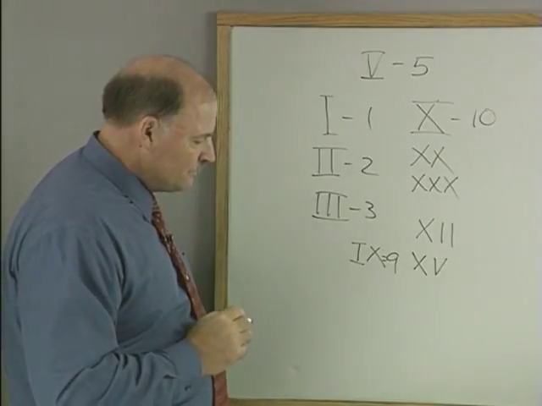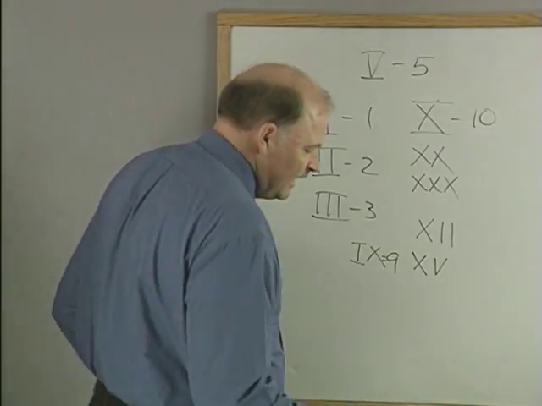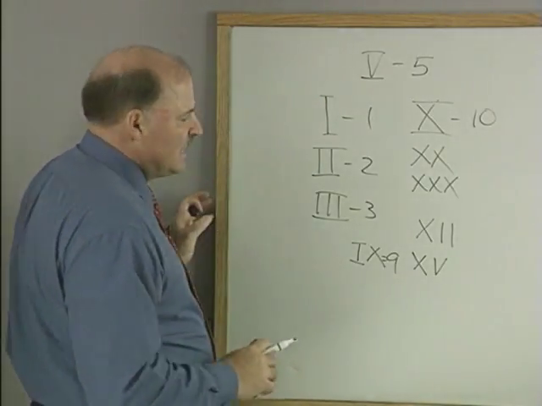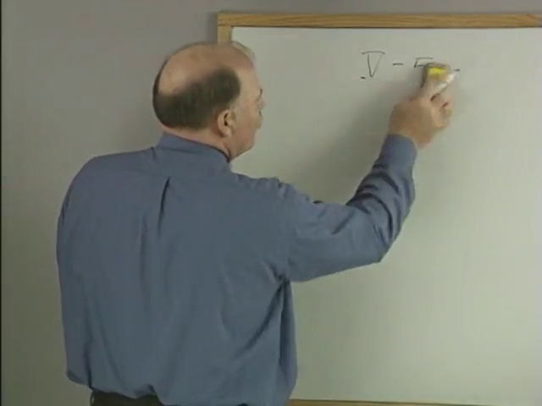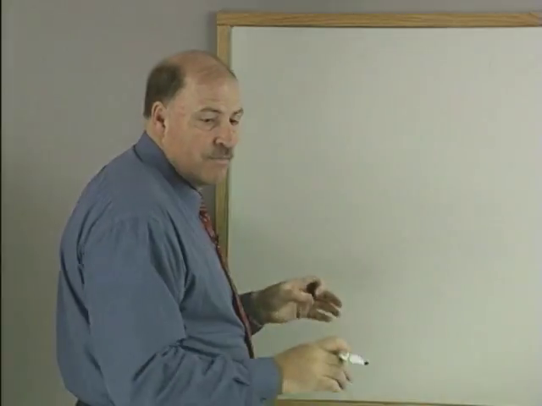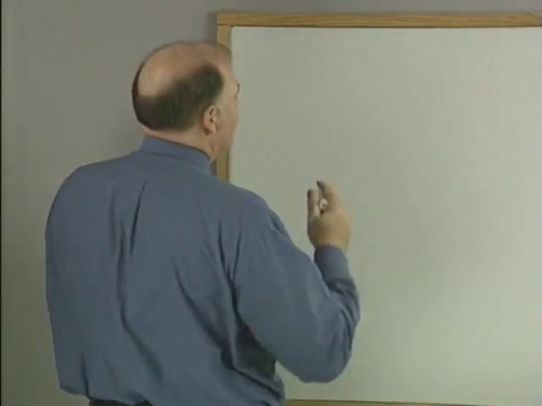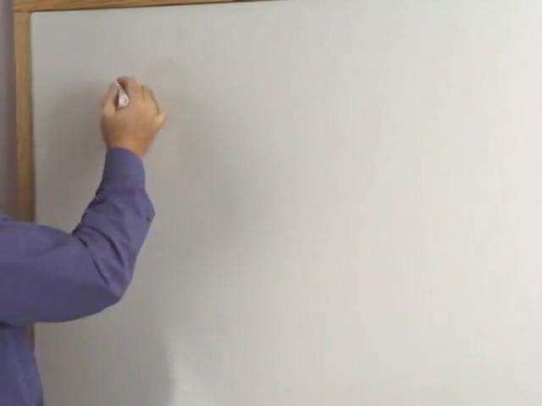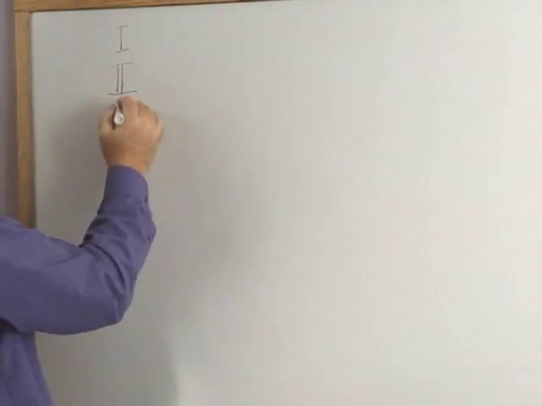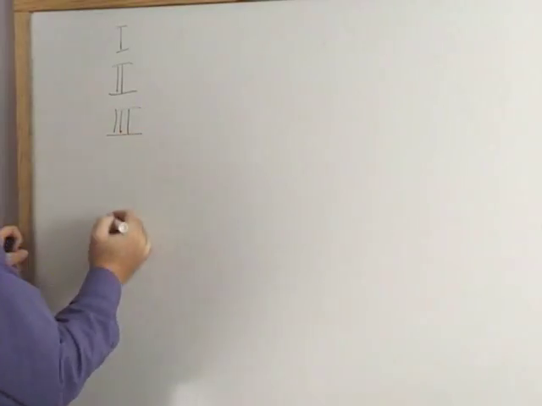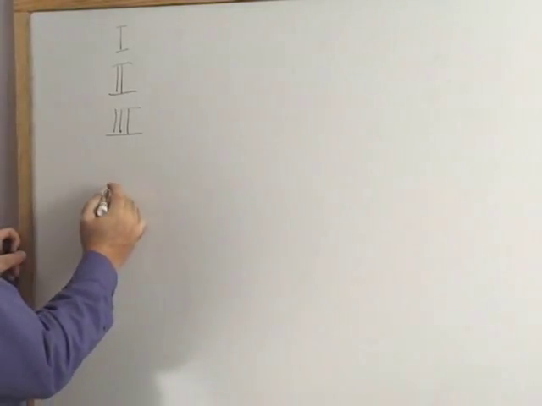All right, very good. Okay, let's see if we can do all of our numbers up to 10 now using what we've just learned. And by the way, if X is behind a bigger number, that's also subtracted. Okay? So let's try. What's 1? I. 2? 3? Okay, now, let's just jump down a second.